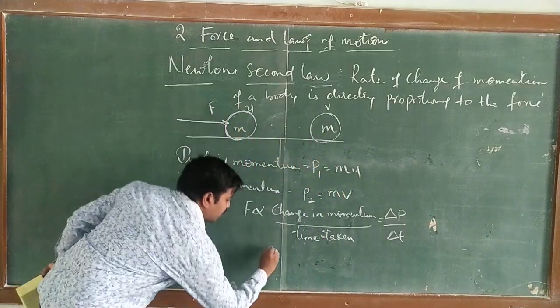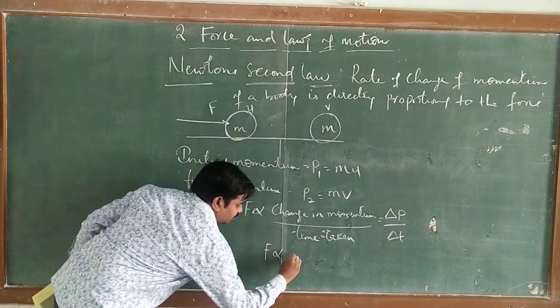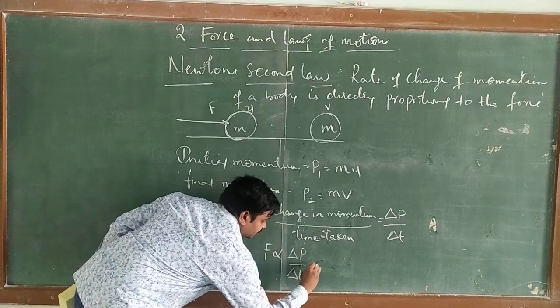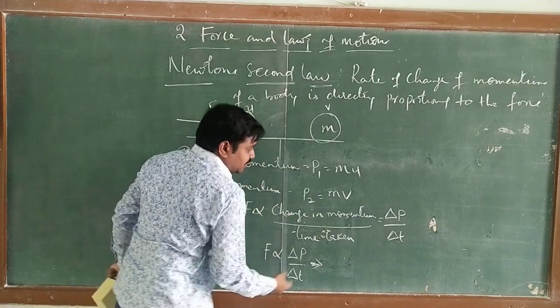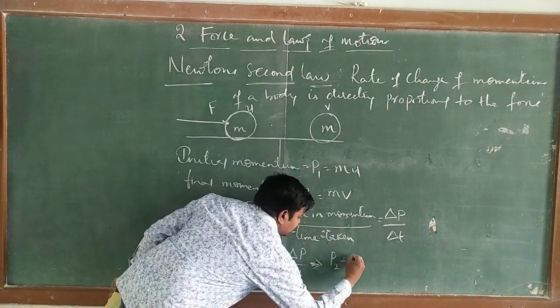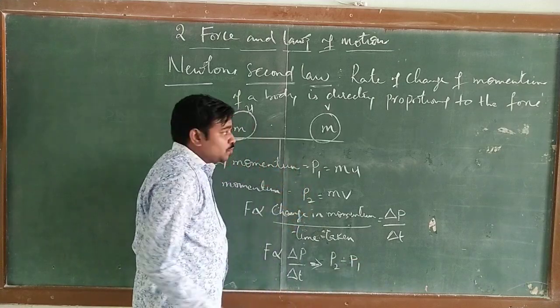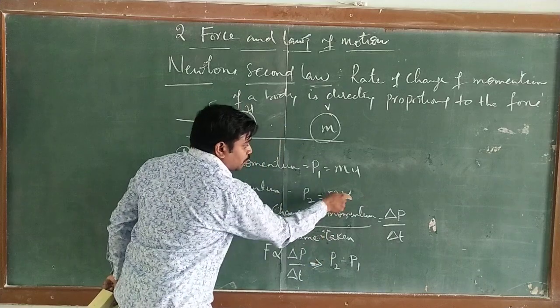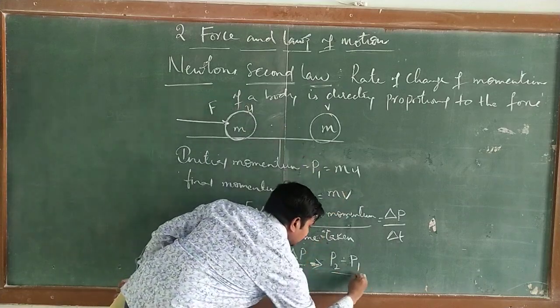So F is proportional to delta P by delta t. We already know change in momentum is simply P2 minus P1. The momentum changes from initial to final. So F is proportional to (P2 minus P1) by t.